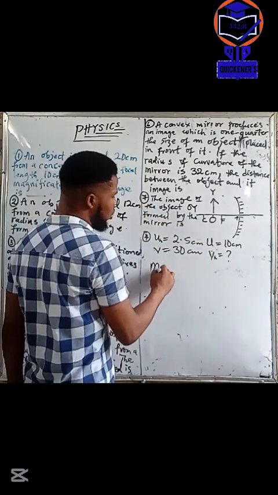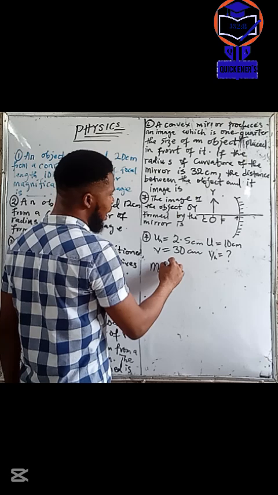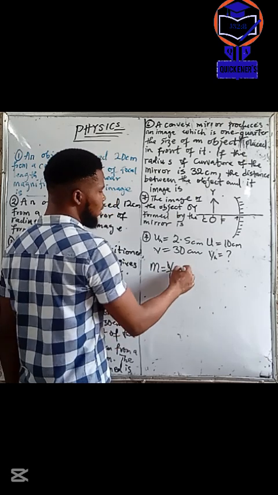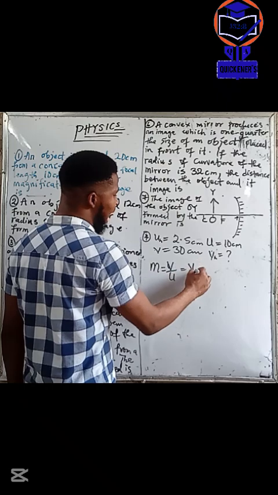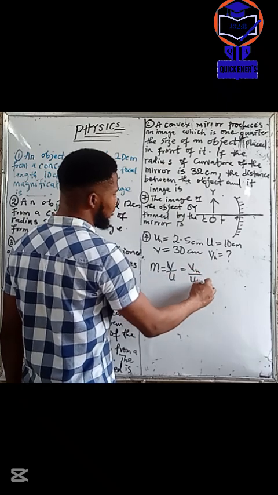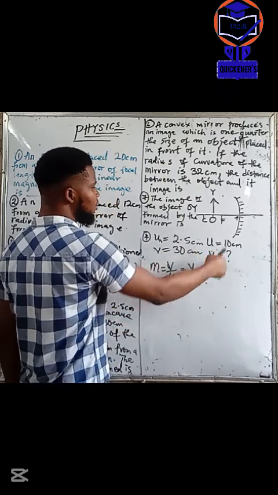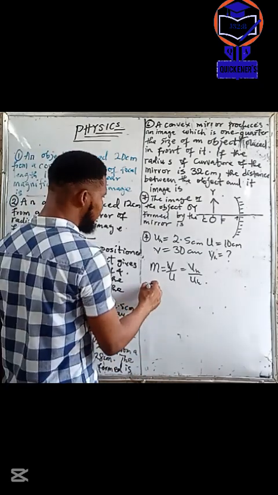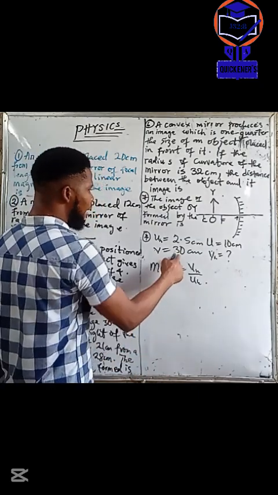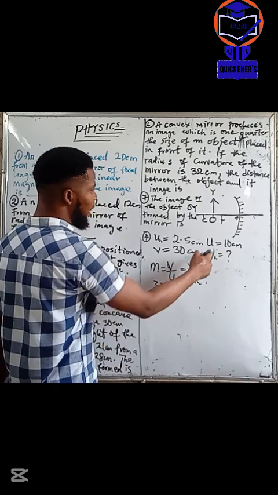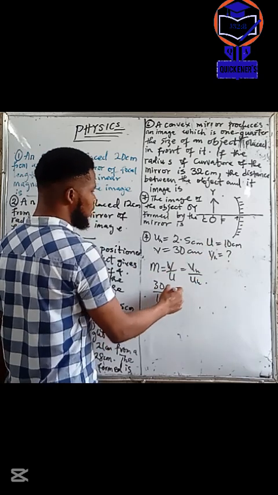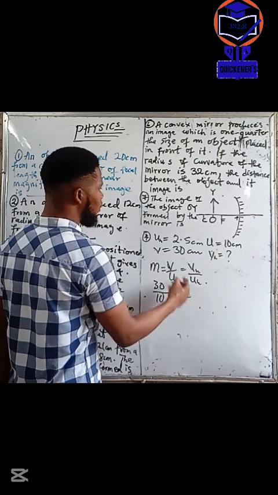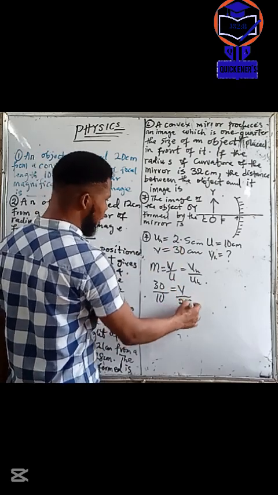What is magnification? Magnification is image distance over object distance, also equal to image height over object height. So you just equate these values. As simple as anything. So we have V is 30 over U is 10 equal to VH, the one we are looking for, over 2.5.